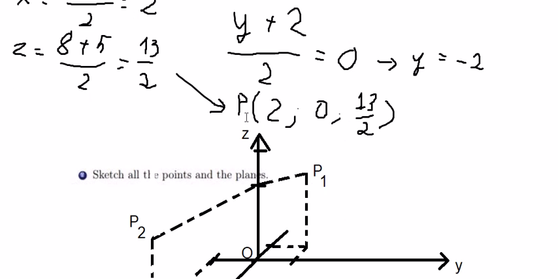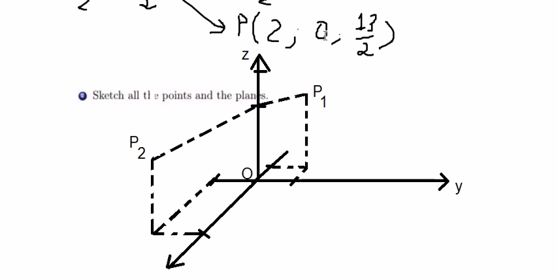Next, that's P. We get 2, 0 and 13 over 2. So 2 should be in here, 0 in here, and 13 over 2 somewhere in here.